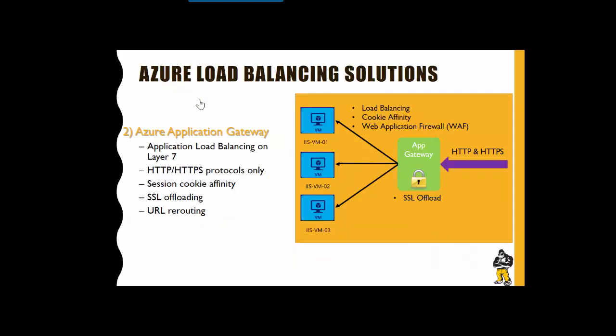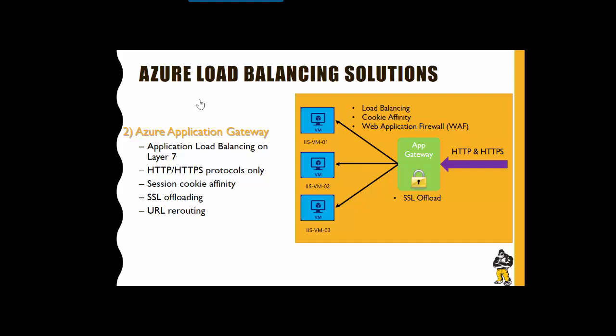The second approach is Azure Application Gateway. Azure Application Gateway is another built-in Azure load balancer, providing some differences with the already mentioned Azure Load Balancer. The first difference is that Azure Application Gateway is operational on layer 7, which means that it's really recognizing the application IP packets.